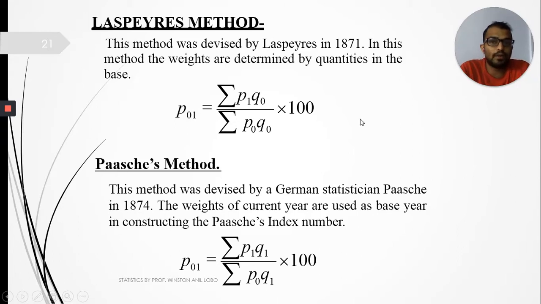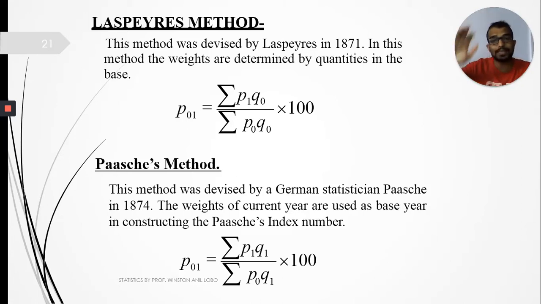So look at the formula above. Laspeyres is Q0, Q0. This is the same, P1 by P0, P1 by P0. But look at the quantity. In Laspeyres, it is the quantity of the base year. In Paasche's, it is the quantity of the current year. Into 100 is there everywhere. Remember, this is the Laspeyres price index number and Paasche's price index number.